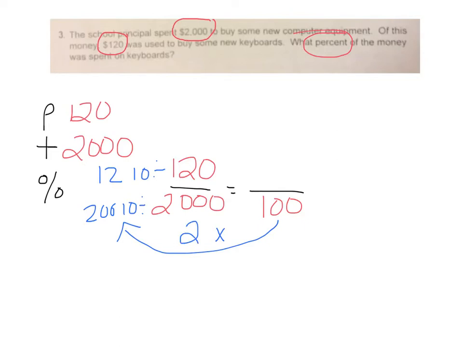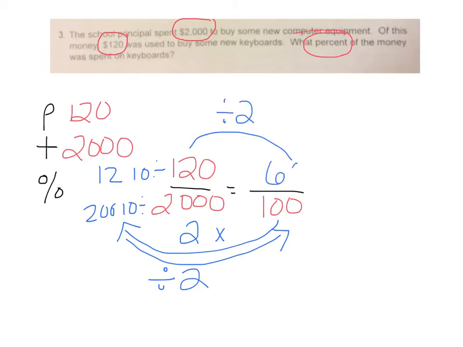But again, we're going from the bigger fraction to the smaller fraction. So instead of a multiplier, I'm using a divider. So I'm dividing by 2. 200 divided by 2 will give us 100.